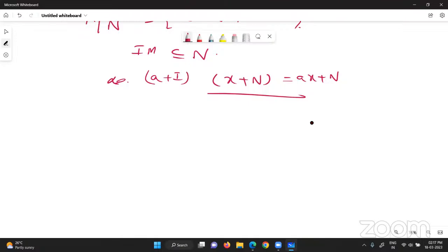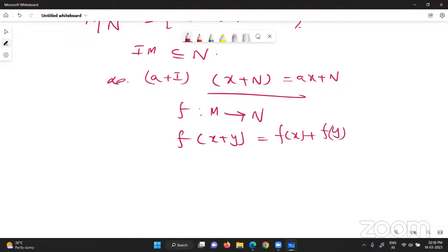Suppose R be a ring and M, N be modules over R. A mapping F from M to N. We define a homomorphism: F of (x plus y) is equal to F of x plus F of y, and F of (alpha x) is equal to alpha into F of x for all alpha belongs to R and x belongs to M. We call it an R homomorphism.